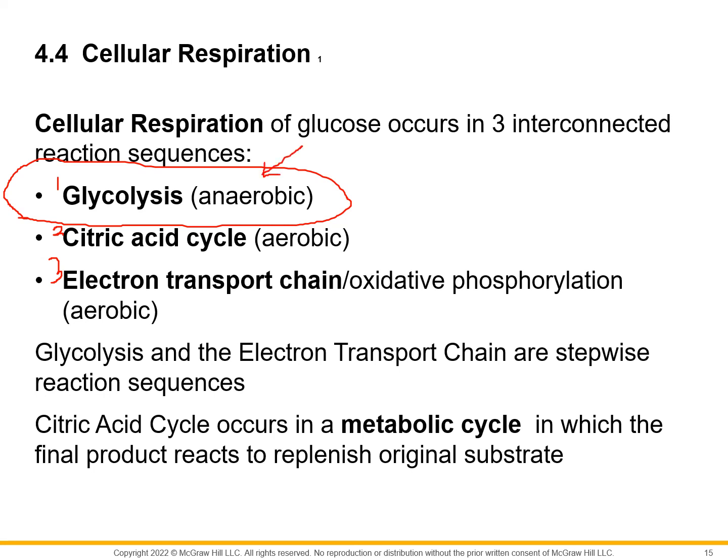If the oxygen is present, I can then use it to make acetyl-CoA, and I get into the mitochondria, and now I have what's called aerobic respiration, and there are 2 parts to it, citric acid cycle leading to the electron transport chain. The electron transport chain is where I hit the jackpot. Bing, bing, bing, bing, bing, and I start making tons of ATP.